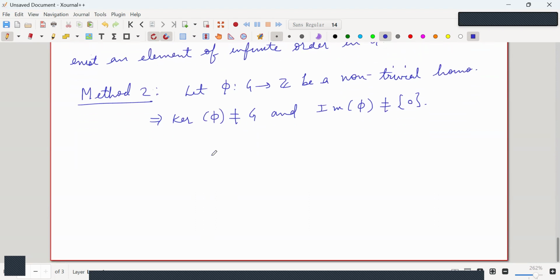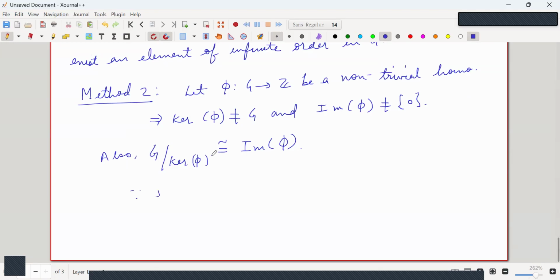Okay. Now, we also know that G mod kernel phi is always isomorphic to image of phi, right? This is also true.